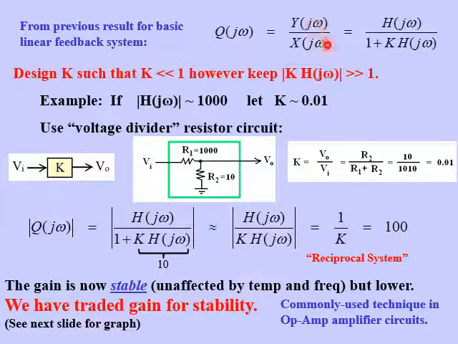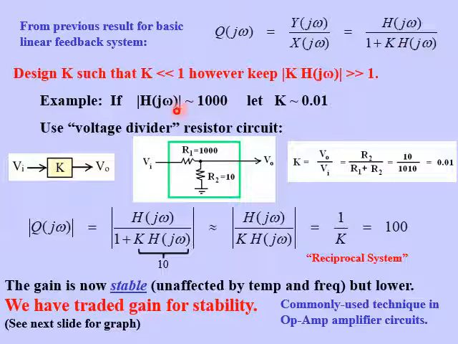So we have our output Y over our input X, and we've shown this system algebra several times before in the videos on this chapter. So the output is H over 1 plus K times H. Now, what we're going to do here is design K such that K is much less than 1. However, we're going to make sure that the product of K times H is still much greater than 1.